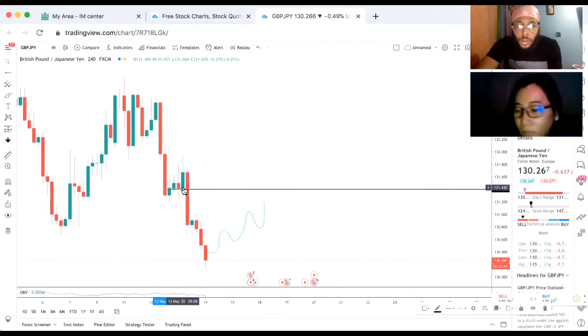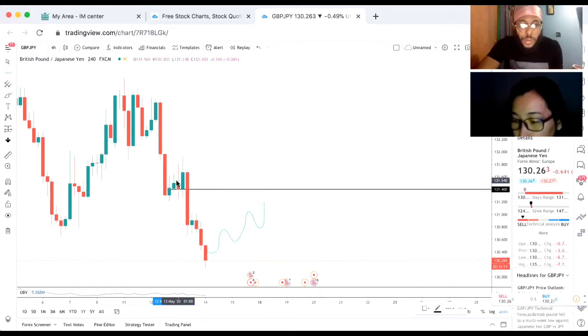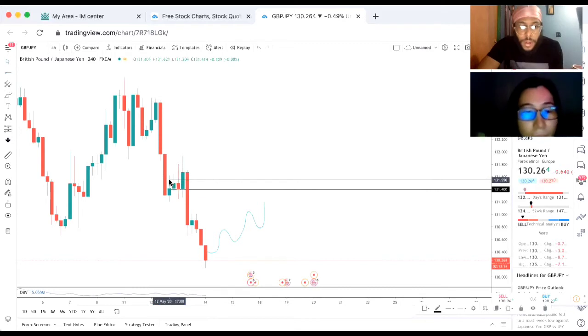And where else are we going to mark? In the middle of that green one. So we're going to mark the middle of that. And now you have your two entries for this point of interest. Now go ahead and mark up this point of interest, because we know that that's the last candlestick before the push. So go ahead and mark that one up.